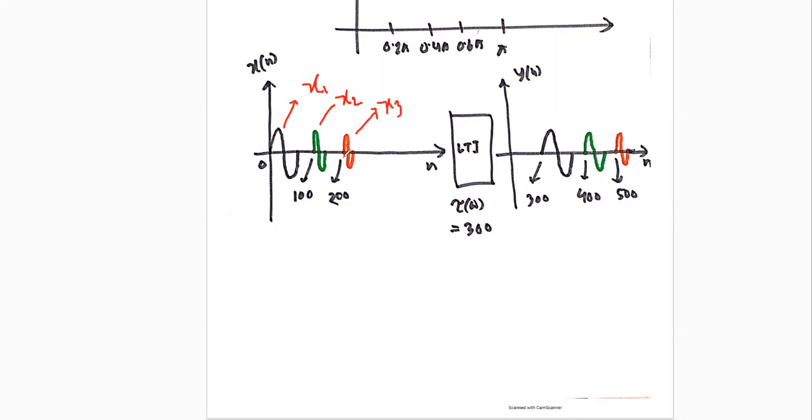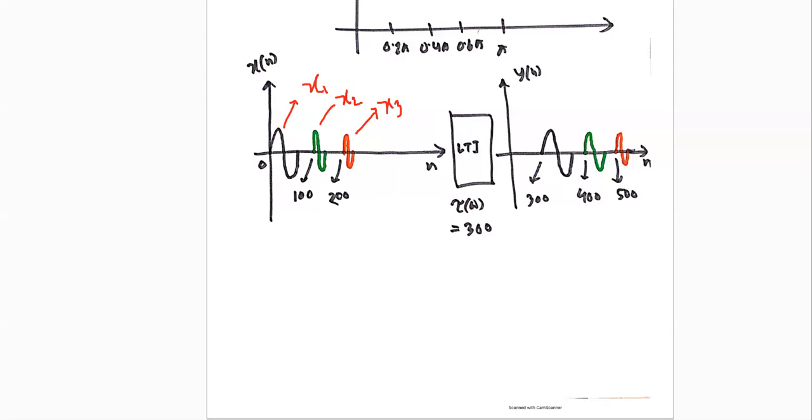Now this signal is given to this LTI system where the group delay is 300 samples. Now what is the starting point of this x1 in the output? How much delay will it take? How much? 300, sir. 300 samples. That's why it starts at 300. What about the higher frequency component x2? How much delay does it need?